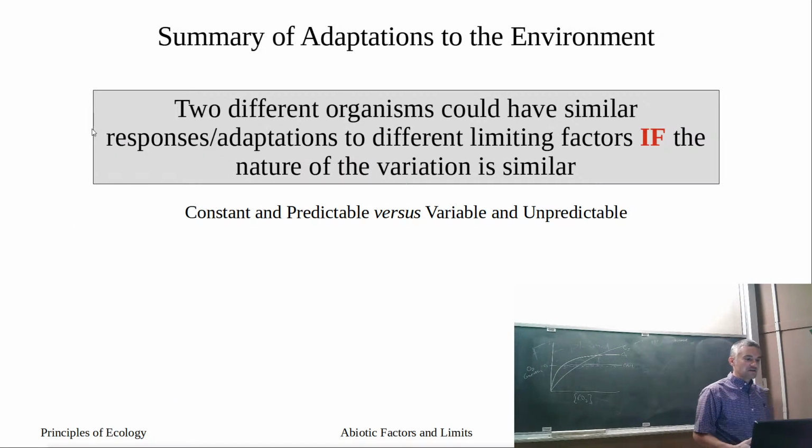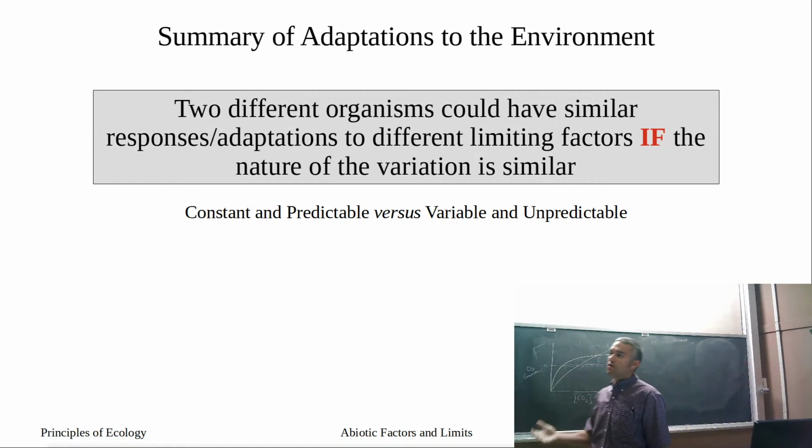So this kind of gets to this point. You can have two different organisms, and they can have similar responses or adaptations that have evolved. And these things could evolve to different limiting factors, two different factors producing it, if the nature of the variation is similar. So if they both are facing constant and predictable conditions, we might see similar responses, even though the selective force is slightly different.